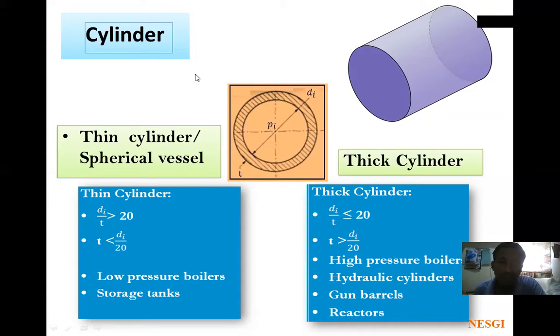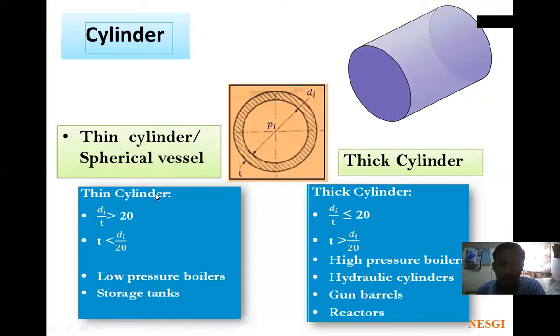Cylinders are classified into two types: thin cylinder and thick cylinder. Thin cylinder has a special concept, that is the spherical vessel, and the second one is the thick cylinder.